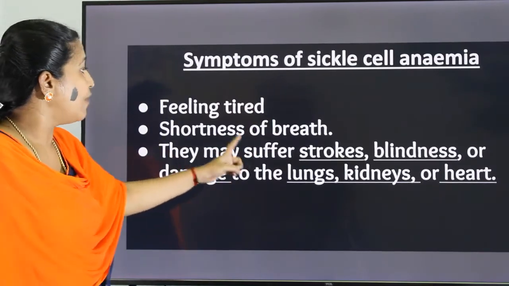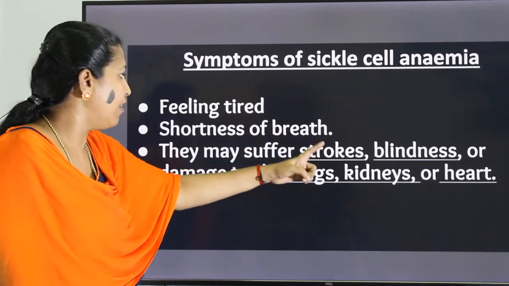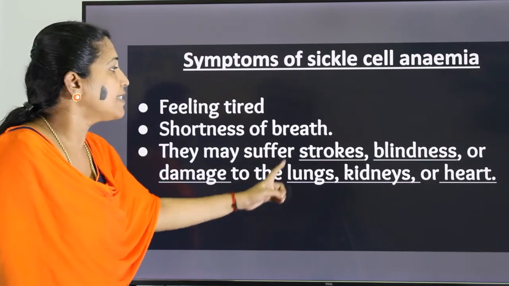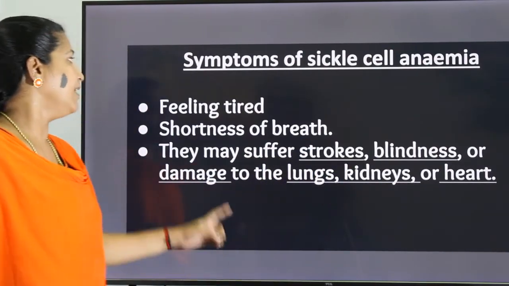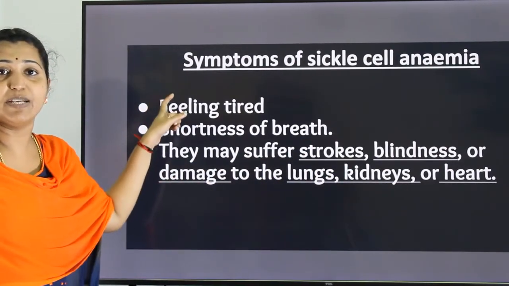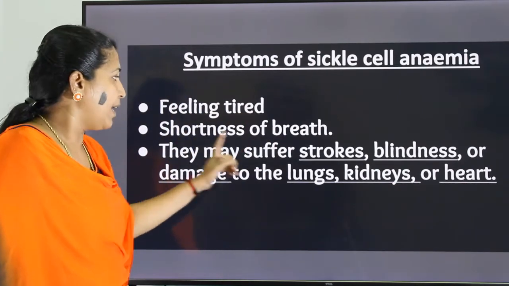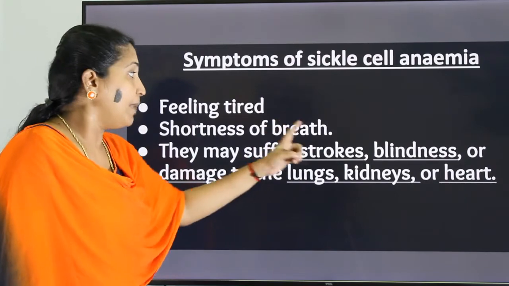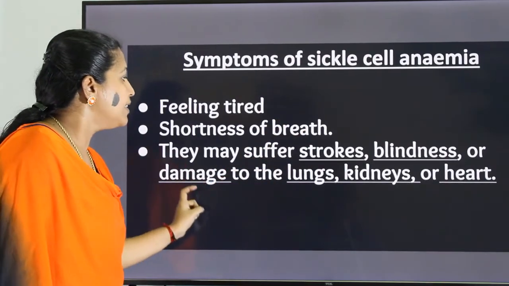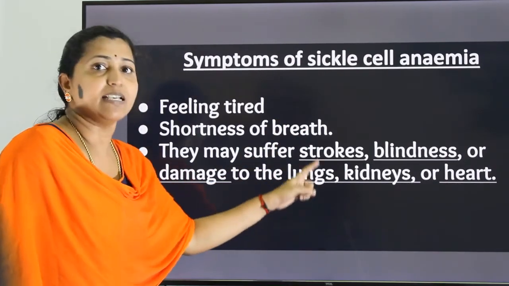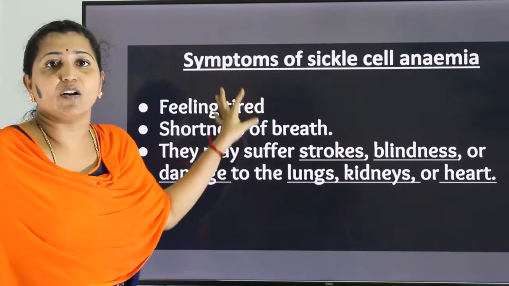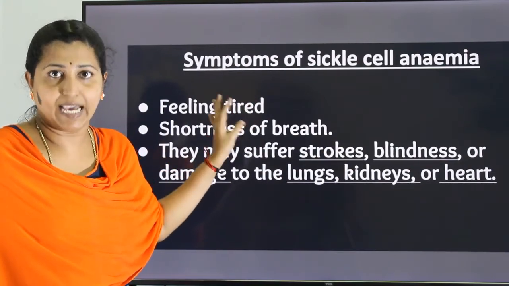Then they may suffer strokes, blindness or damage to the lungs, kidneys or heart. Once again, the first symptom is feeling tired, then shortness of breath, and they may suffer strokes, blindness or damage to the lungs, kidneys or heart. So these are all the symptoms of sickle cell anemia.